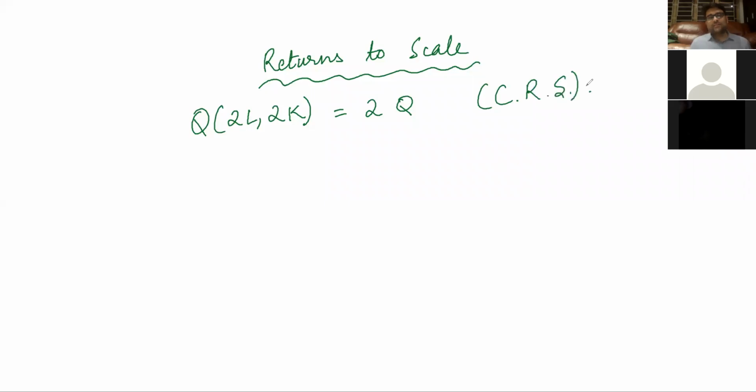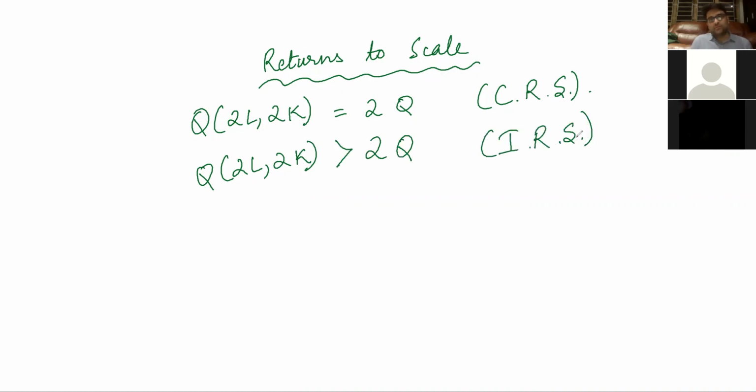If I double my labor and I double my capital and I notice that the quantity has more than doubled, then I have increasing returns to scale. And similarly, if the output has less than doubled, then that is called decreasing returns to scale.